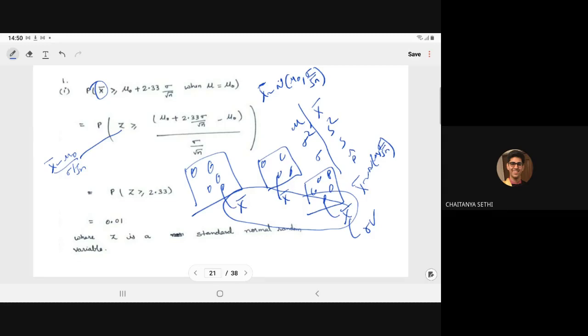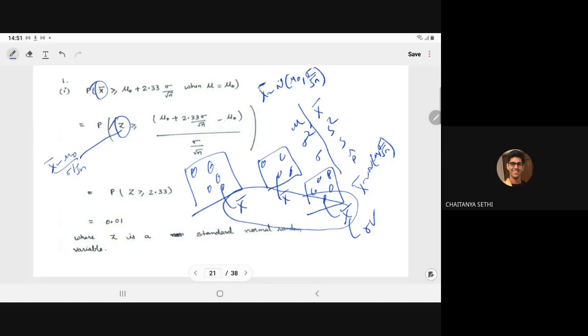A random variable must be characterized by some distribution. So what should be the distribution? Here it follows the normal distribution with population mean mu naught and standard deviation sigma upon root n. Due to that, x bar minus mu upon sigma upon root n becomes z, the standard normal distribution, by the central limit theorem.